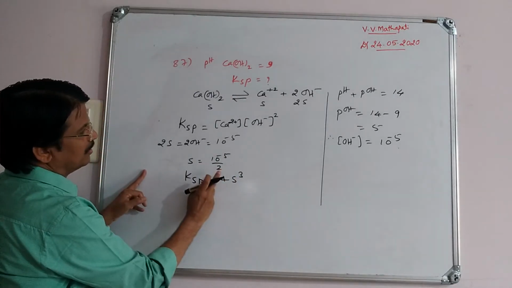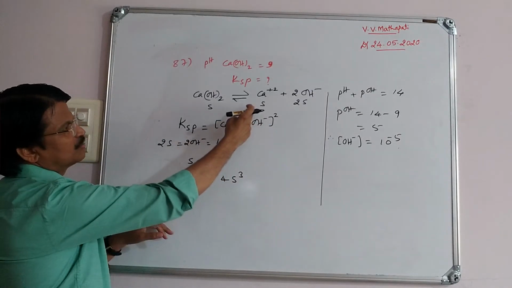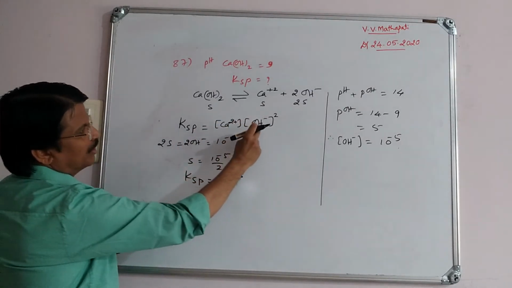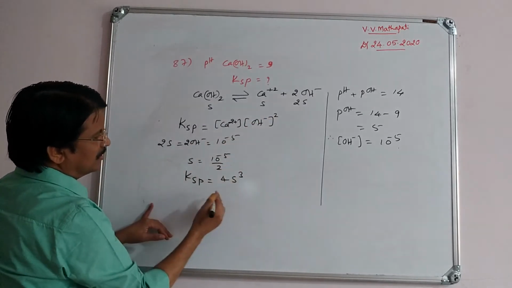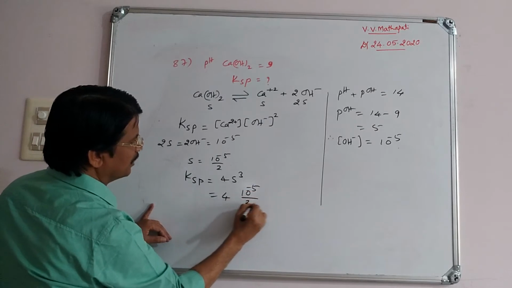Calcium is not necessary here because the calcium concentration is not given, hence we cannot use it. OH is given, hence take S here. Therefore 4 into 10 to the power minus 5 by 2 cube.